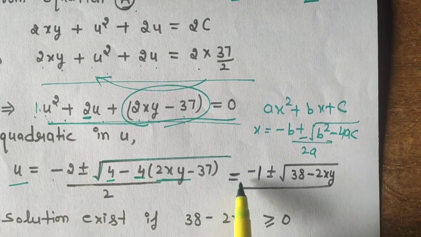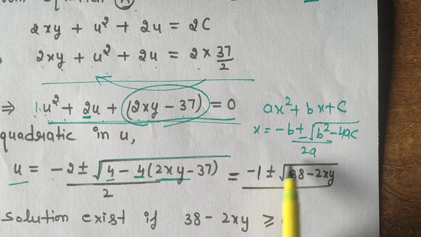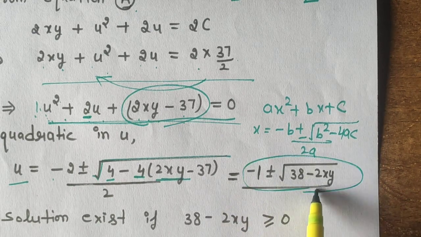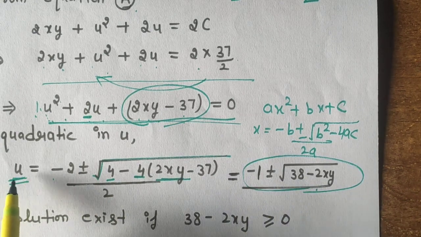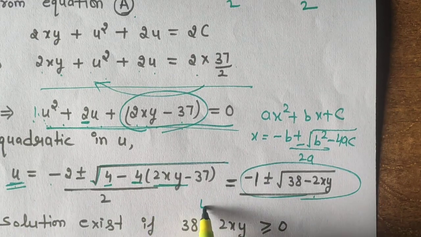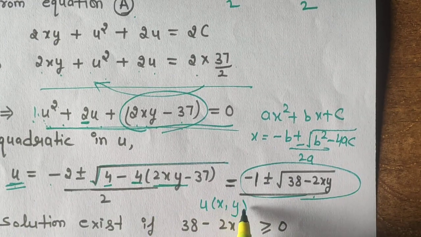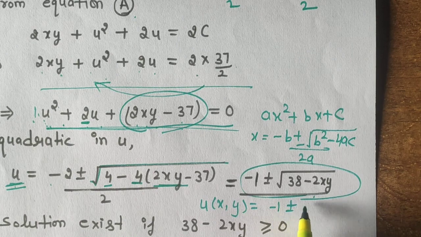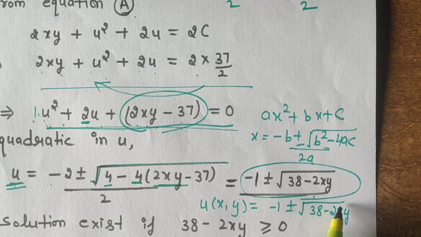After solving this is equal to minus 1 plus minus square root of 38 minus 2xy. This is the value of u. So u of x comma y is equal to minus 1 plus minus square root of 38 minus 2xy.